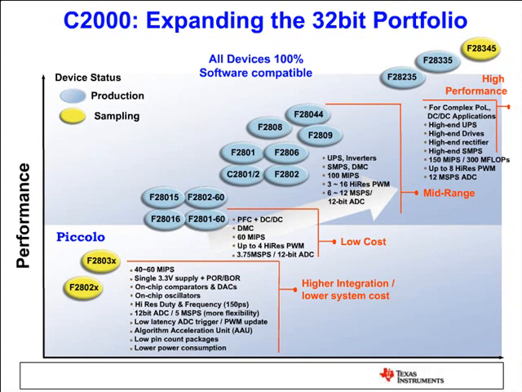And the features are that it's a 40 to 60 megahertz device, and it has on-chip converters and DACs in addition to the previous C2000 devices, and it has an on-chip dual oscillator. It's featuring high-resolution PWMs and high-resolution frequency properties.